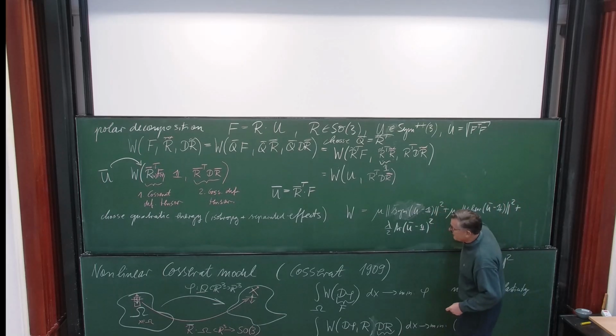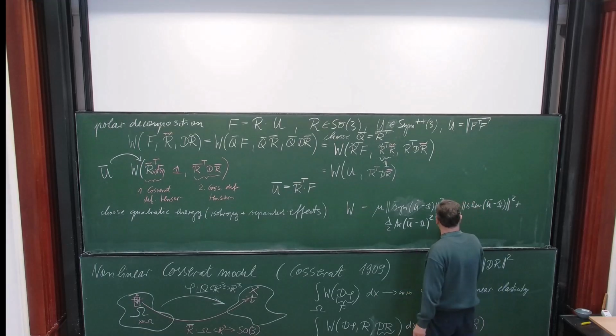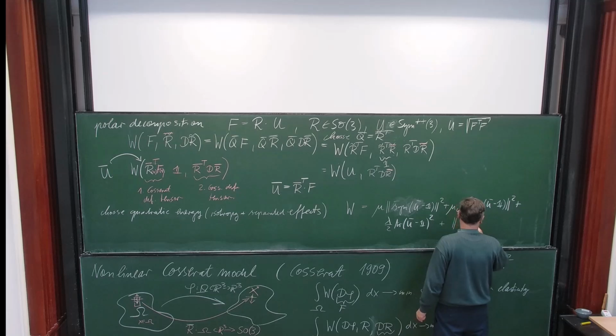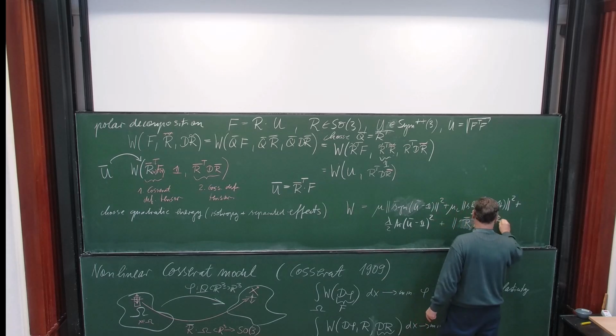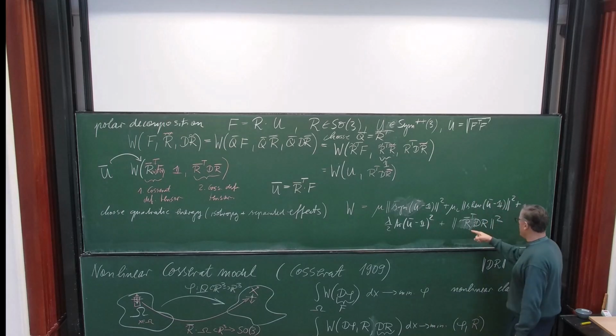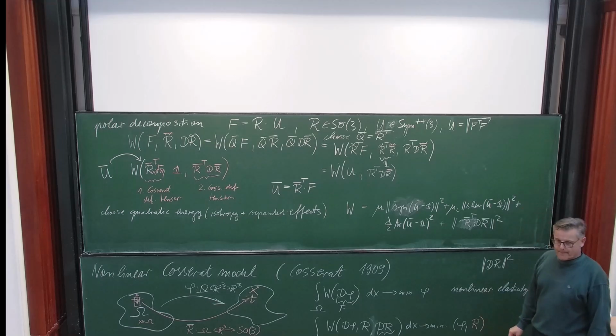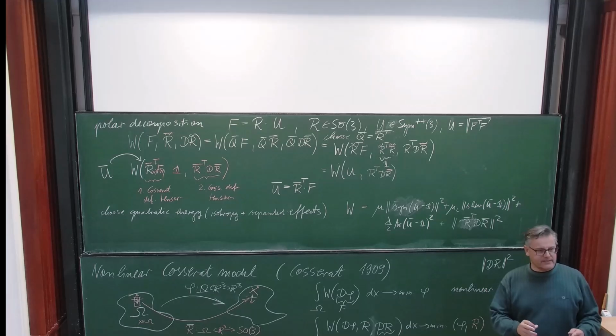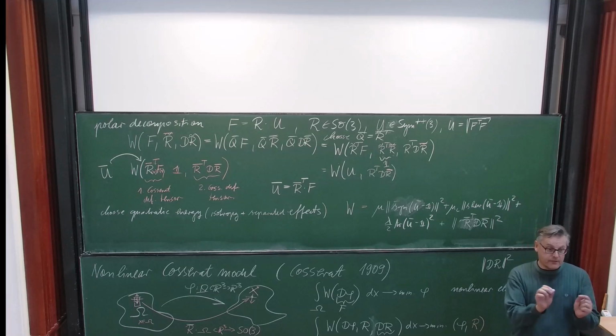Now this is the first part, and the second part I want to be easy. I just add R bar transposed dR squared, meaning all entries of that object squared and summed. Because to come up with something that makes sense physically in a more detailed way for that higher order term is very difficult.